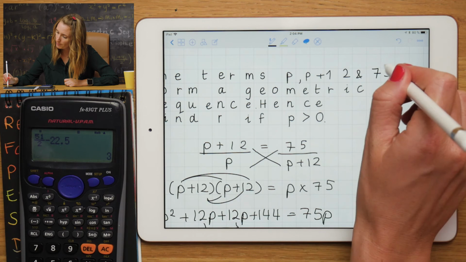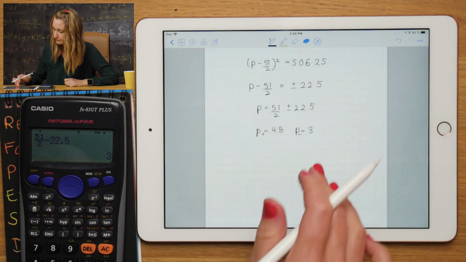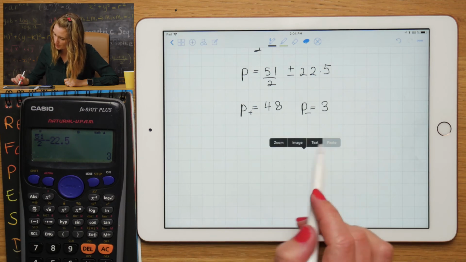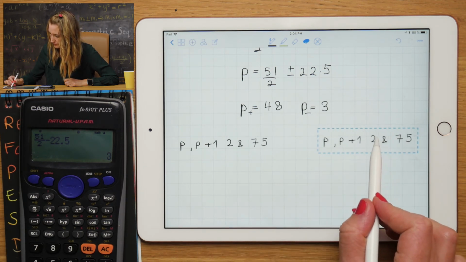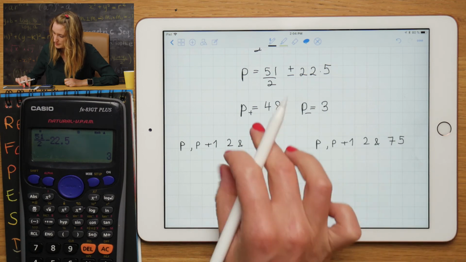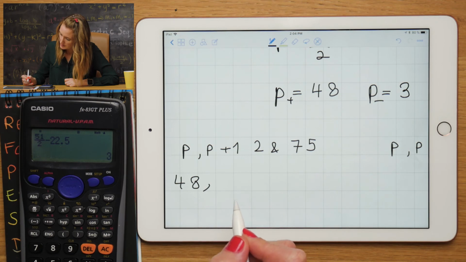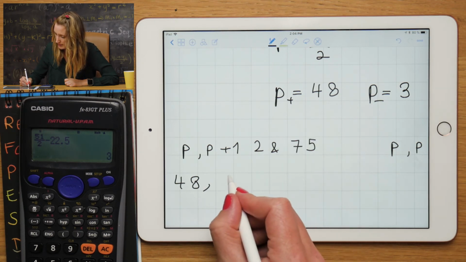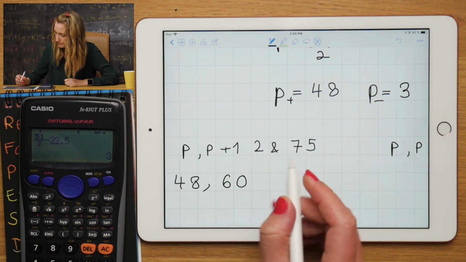Okay, so now I'm going to go back to my sequence here and do it twice, once with each value of P. So for example here, P is 48. So P plus 12 will be 60, 48 plus 12.